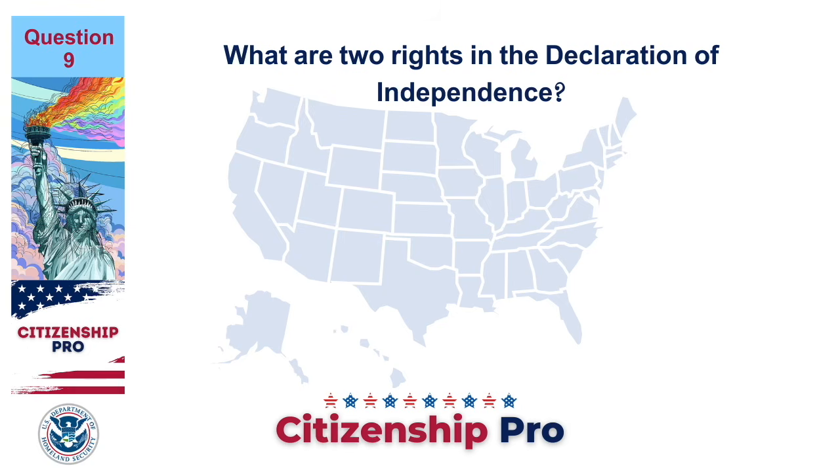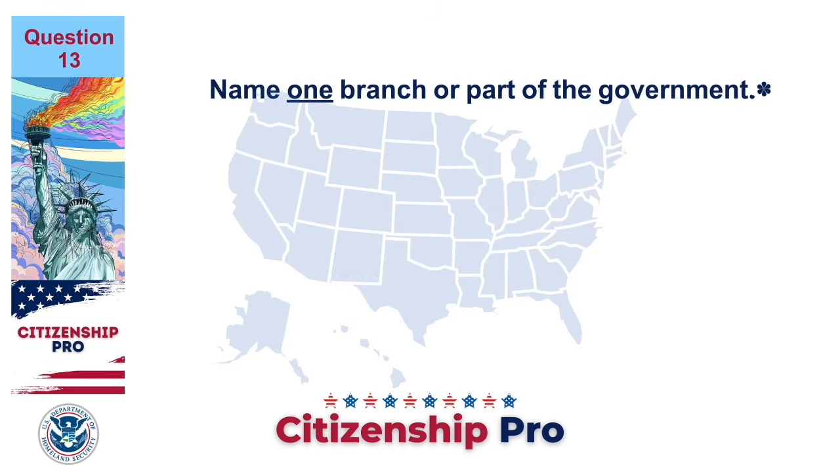What are 2 rights in the Declaration of Independence? Life, liberty. Name one branch or part of the government. Congress.